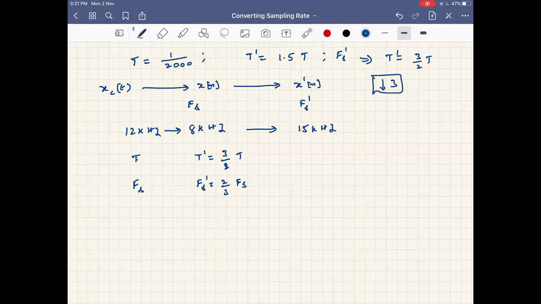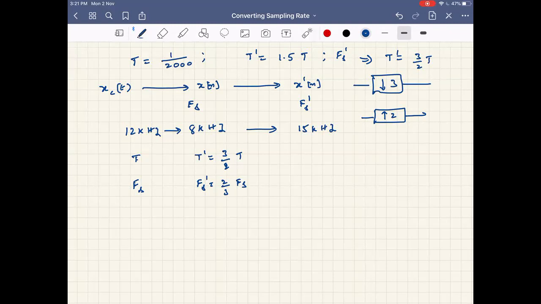There are two operations that are required: downsampling by 3 times, and upsampling by 2 times. As you can see, increasing the time period is through downsampling. Decreasing the time period means we are upsampling. Hence these are the two operations that are required.